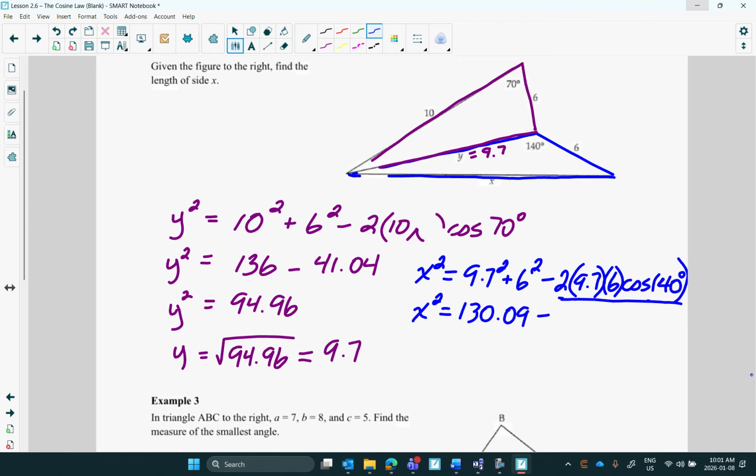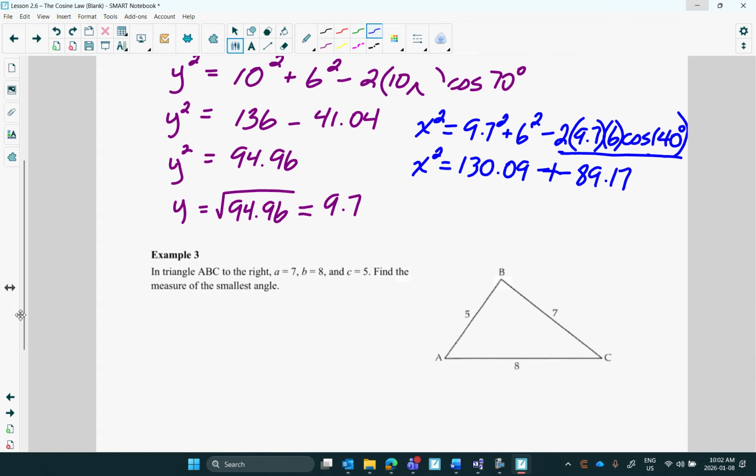So it's going to be minus 89.17, which means that it actually changes to plus in this case. Okay? So you got to watch out for that. So x squared is equal to, when I add those two together, I get 219.26.